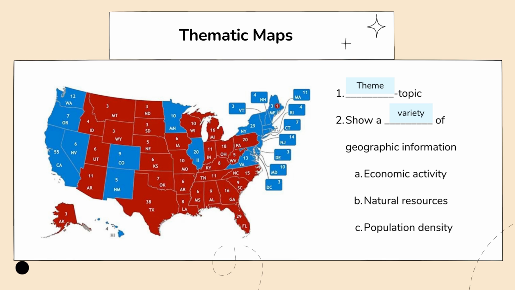Thematic maps can also show a variety of geographic information. So they might show economic activity, like cities or places that sell a lot of things or that produce a lot of things. You might see a map with natural resources, so things like forests might be colored green, where maybe a mine would be colored a different color. Or you might see something that shows population density, which is how many people live in a certain area. So bigger cities would be a darker color, and areas that are like farmland would be a much lighter color.